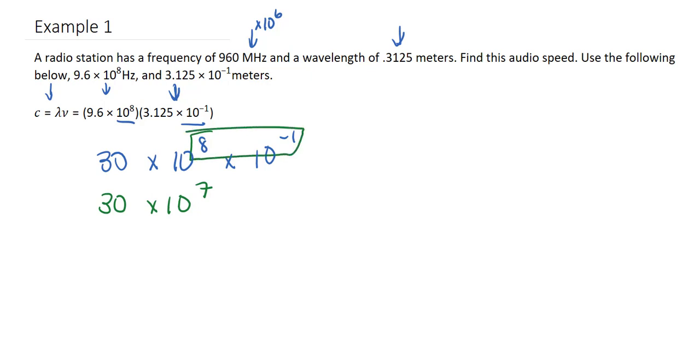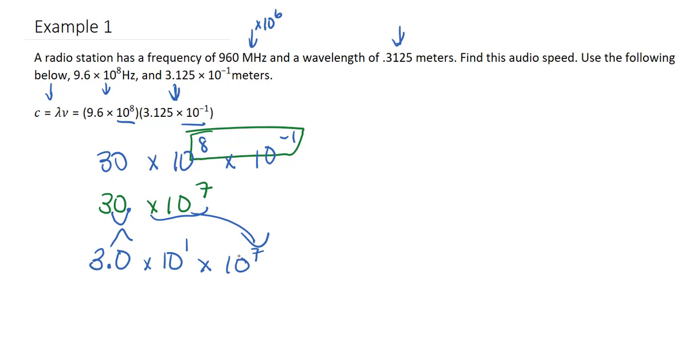Notice we aren't done. We need to convert 30 to scientific notation. So we go 3.0, which means we move the decimal here to here. Since we have a number larger than 1, that means we have a positive exponent, and we just moved over 1, so 3.0 times 10 to the first. Then we still need to add this, so we have 10 to the 7th power.